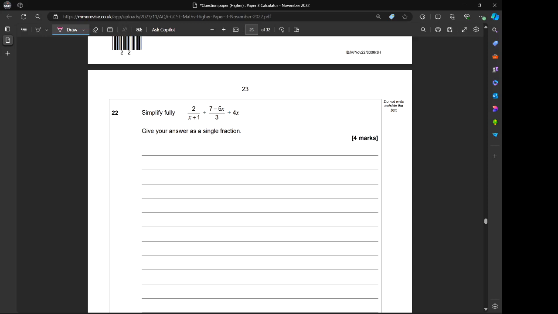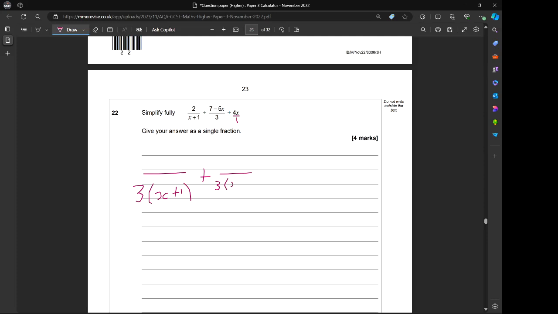The key to remember is that we write everything under a common denominator. So right here is 4x over 1. I'm going to write everything over 3 lots of x plus 1.